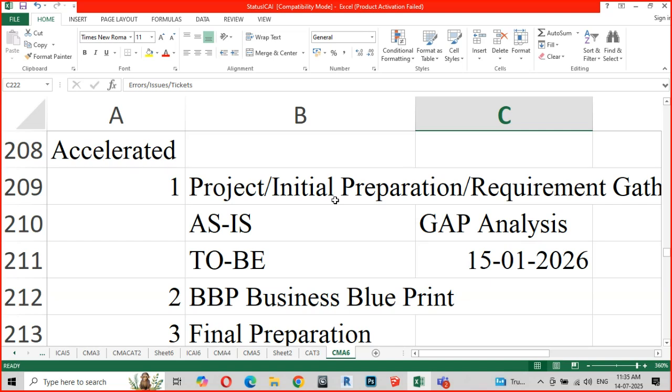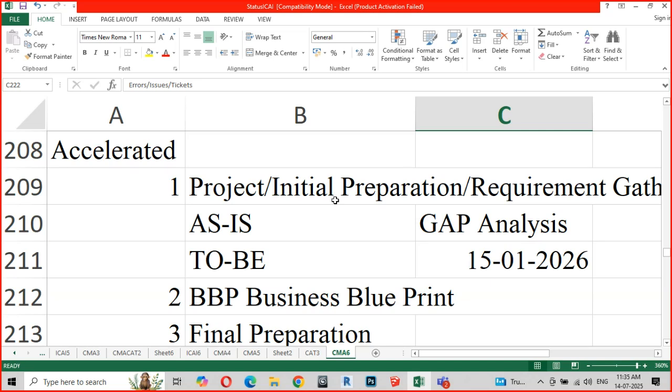How can SAP improve my profitability or my productivity? What is that extra I can achieve by having SAP in my company? So many points are discussed.